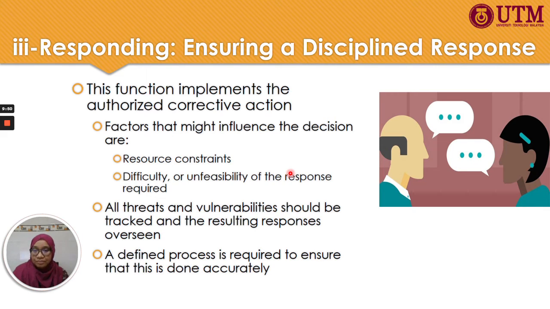But still, proper responding depends on the confidentiality and also privacy of your organization itself. You cannot simply announce it to the rest of the organization, right? Because it is going to create bigger chaos later. So you must respond according to the right channel.